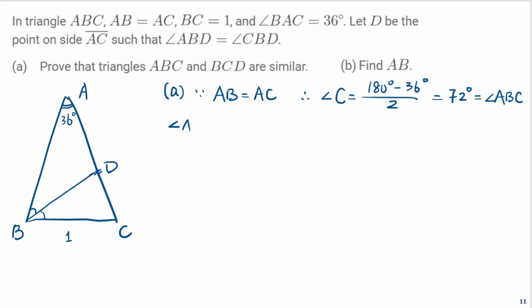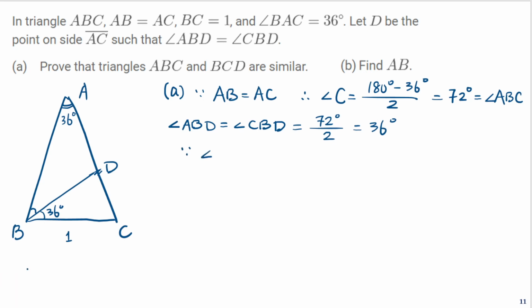And angle ABD equals angle CBD. This is given information, which equals 72 degrees over 2, which is 36 degrees. Then we can find this angle is actually 36 degrees, right?